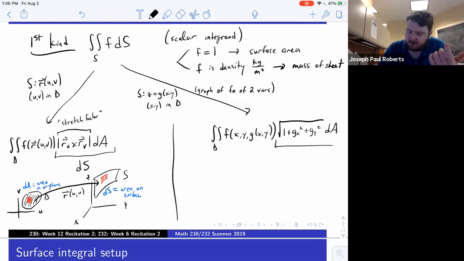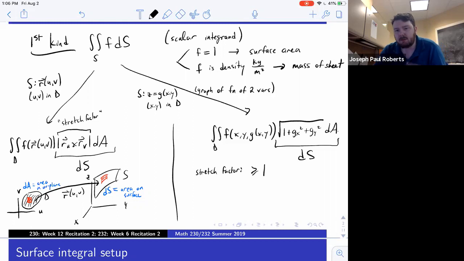And so again, in this graph situation, dS is that. And in this case, this stretch factor, first of all, note that no matter what, it's greater than or equal to 1, because we're squaring gx and gy, so the thing we're taking the square root of is always at least 1.